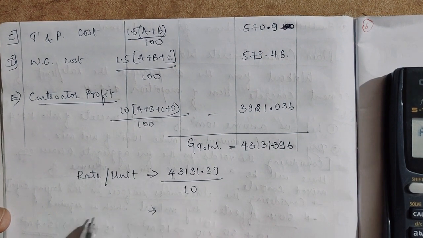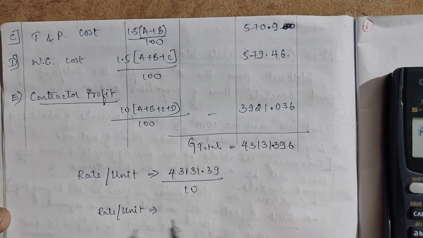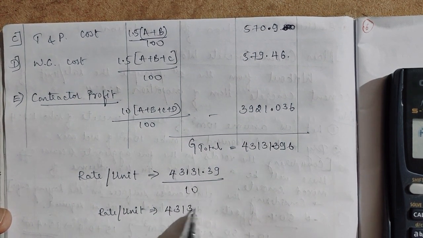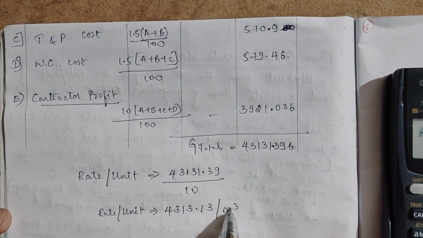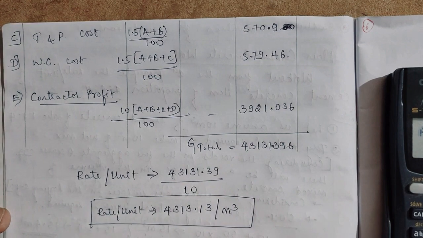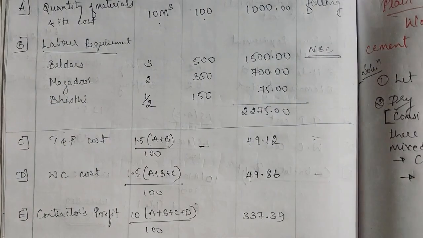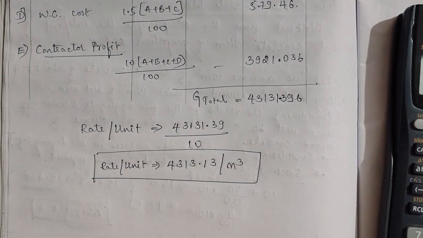That will be equal to, your rate per unit will be 4313.13 per meter cube. So this is how we do the rate analysis for the plain cement concrete works.